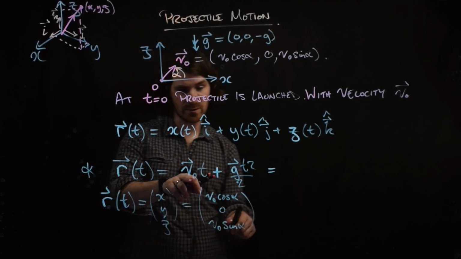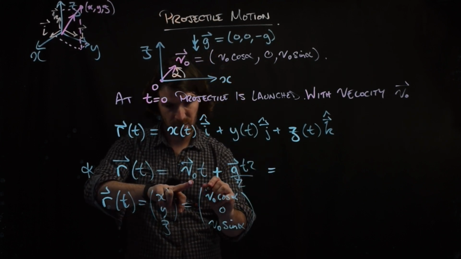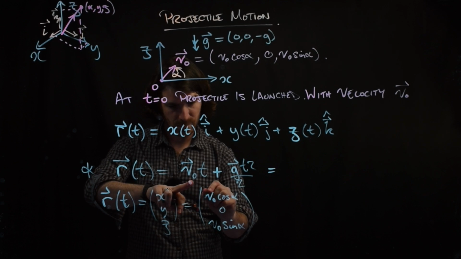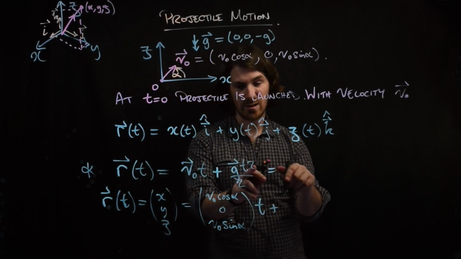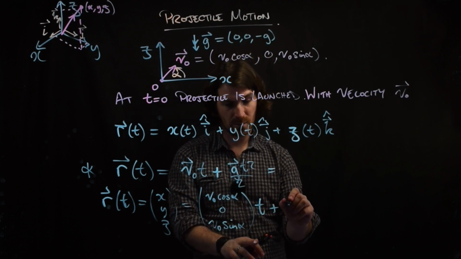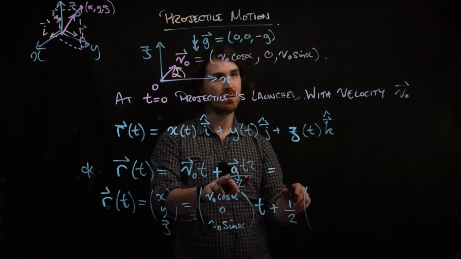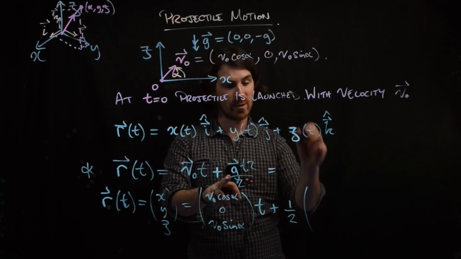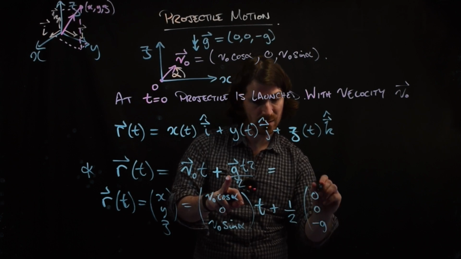So that's this first term, v0 times t. Let's put the t in here, plus gt squared over 2, so we've got 1/2 times g, which is 0, 0, minus g, and we've got a t squared.